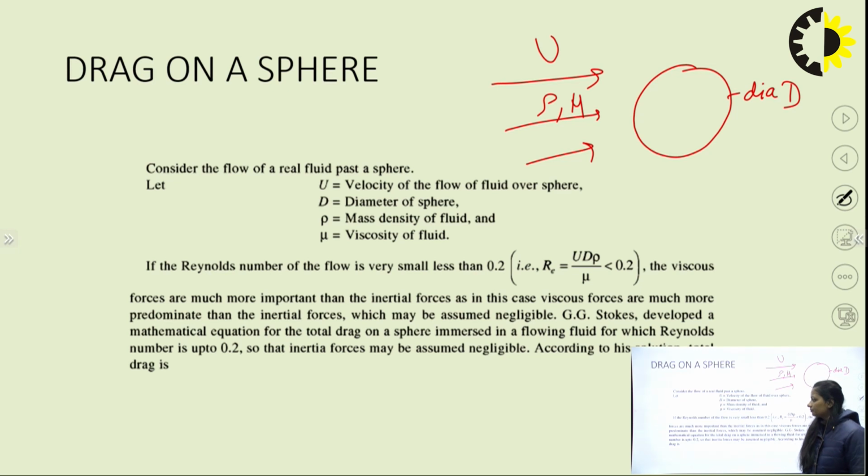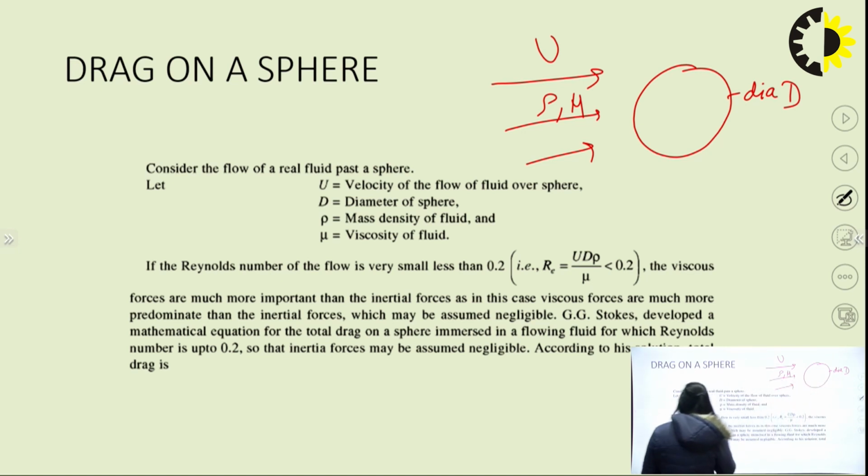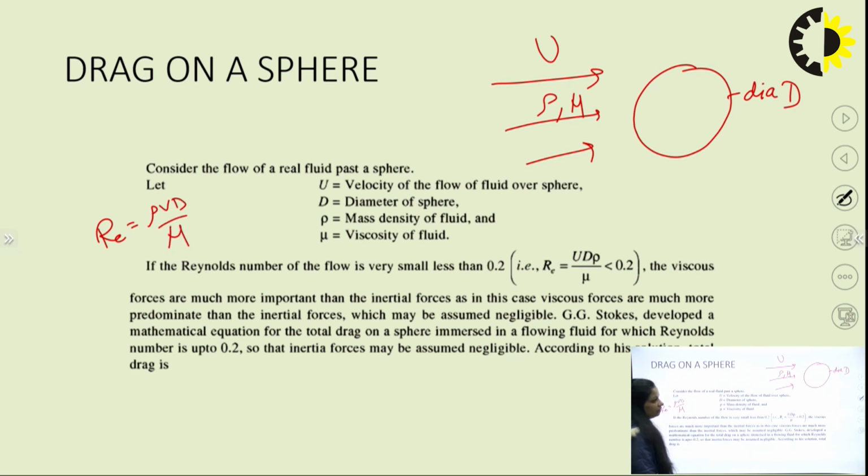Now if the Reynolds number of flow is very small, how can you calculate the Reynolds number of a particular flow? Re is rho V d by mu, or V d by the kinematic viscosity.